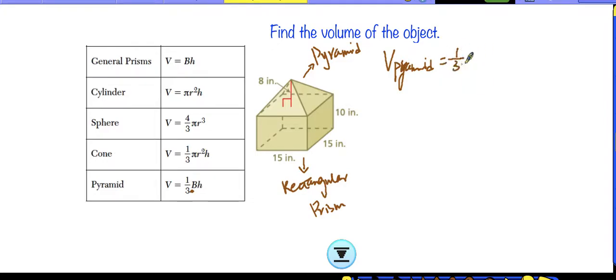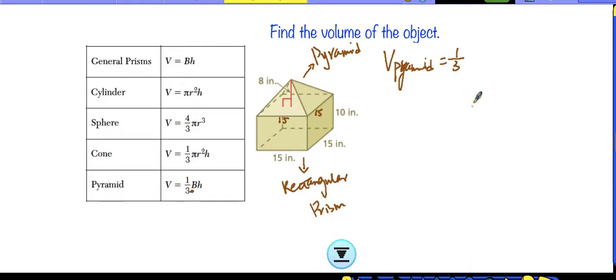So here, the base area means the bottom side of this pyramid, which as you can see is this shape. Some students might say, I don't know the measurement at all. Remember, this is a prism, so if this is 15, this is also 15. If this is 15, this is also 15. So the base for the pyramid is actually a square, same as this prism.